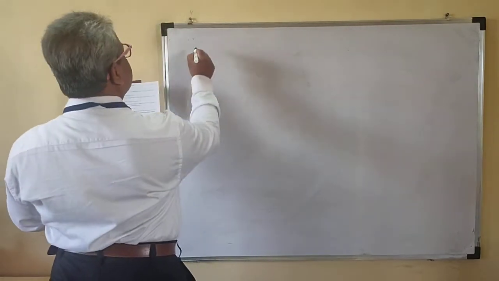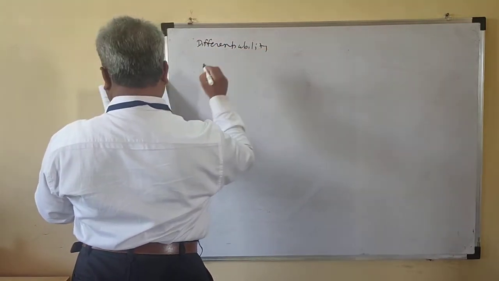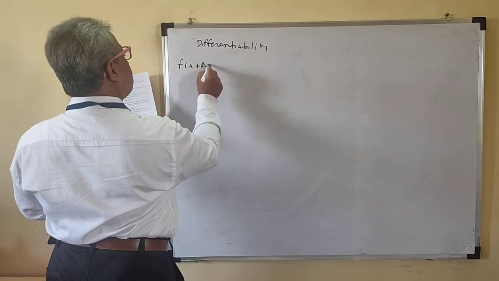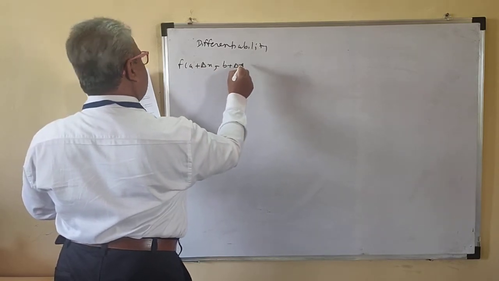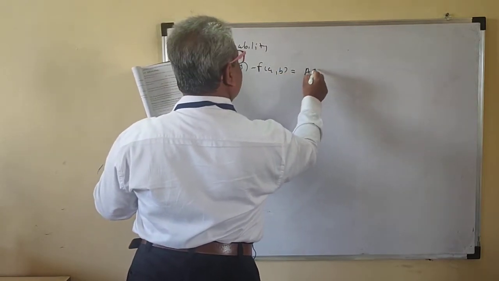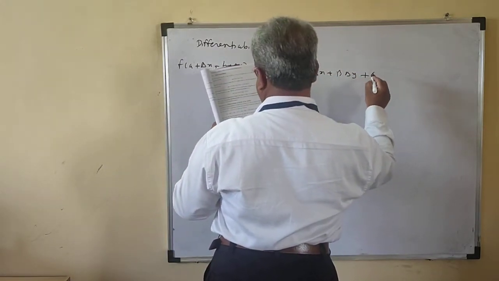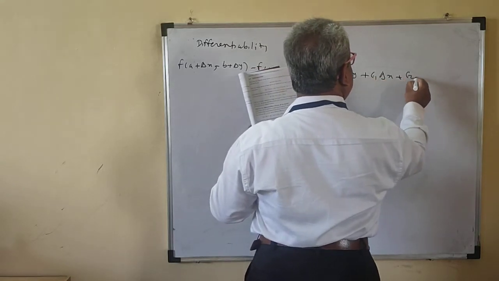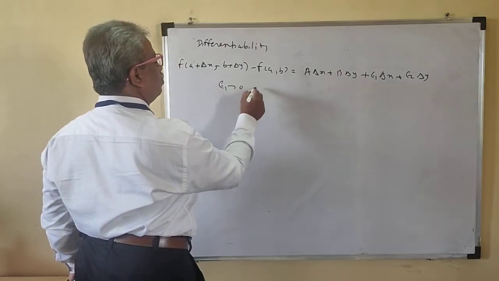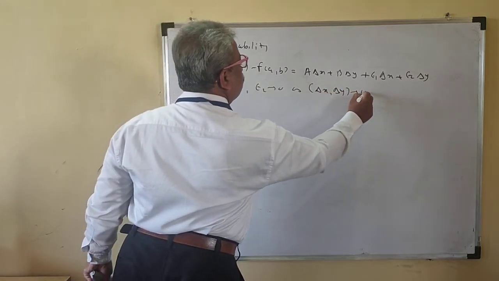Now differentiability. When we say that a function is differentiable, if this increment, with epsilon 1 tends to 0, epsilon 2 tends to 0 as delta x, delta y tends to 0, 0.